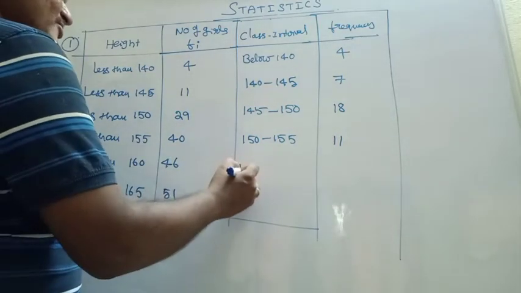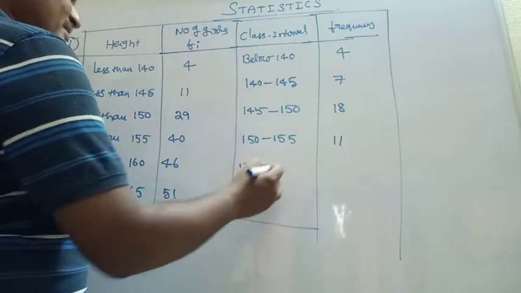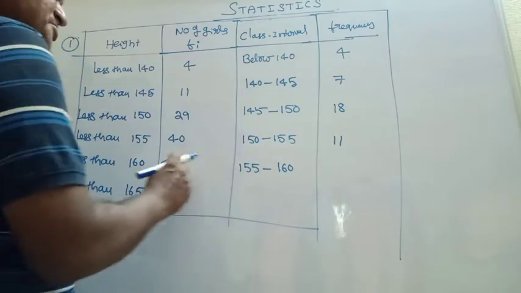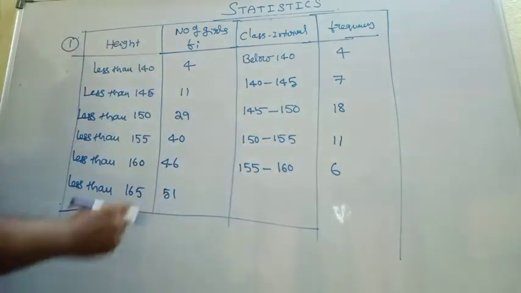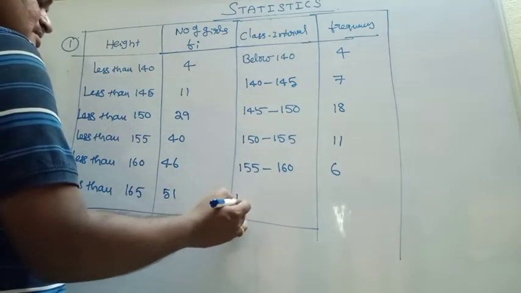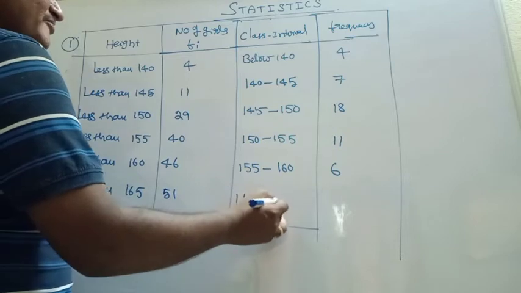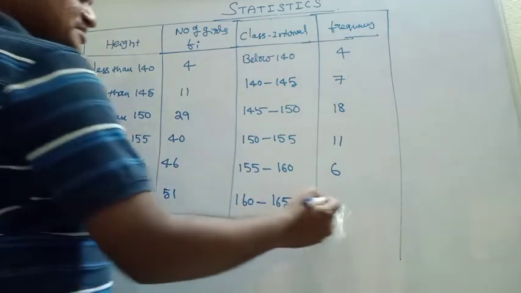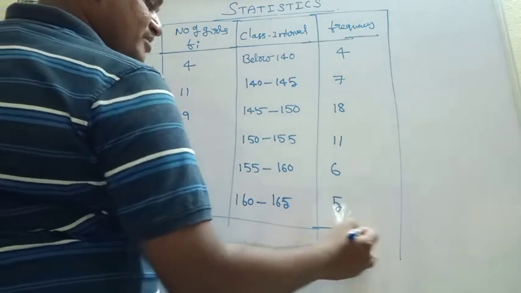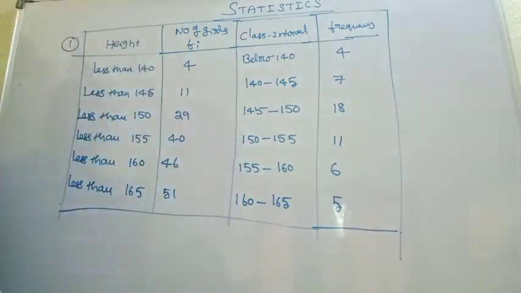Now next, 155 to 160: 46 minus 40, there are 6 students. Next we have 160 to 165: 51 minus 46, there are 5 students. Wonderful. This is the class interval and the frequency.